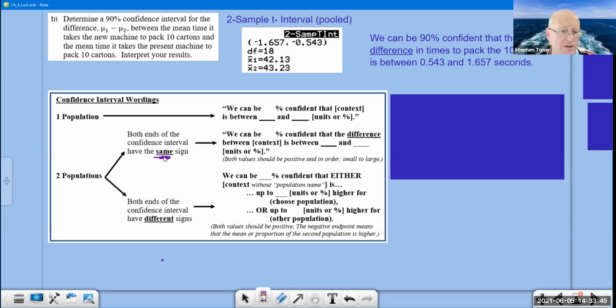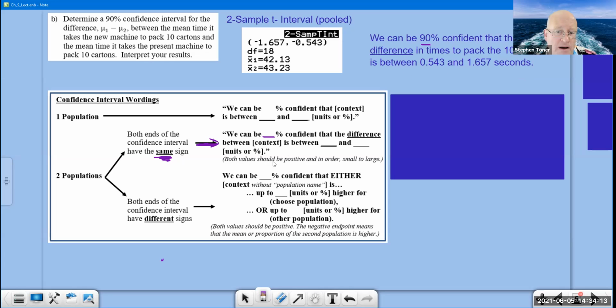When both have the same sign, this top set of rules is going to take over. We can be blank % confident, there's my 90% confident, that the difference between, or in whatever context, what is my context? The time to pack the 10 cartons, that's my context, is between this and this seconds.